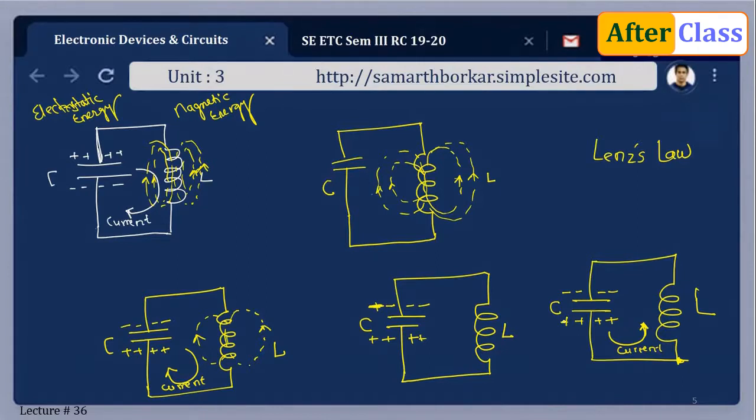This is nothing but oscillatory current, but every time energy is transferred from C to L and L to C, losses occur, due to which the amplitude of the oscillating current keeps on decreasing every time energy transfer takes place. Here the two energies are electrostatic energy and magnetic energy, and hence we actually get exponentially decaying oscillations called damped oscillations.